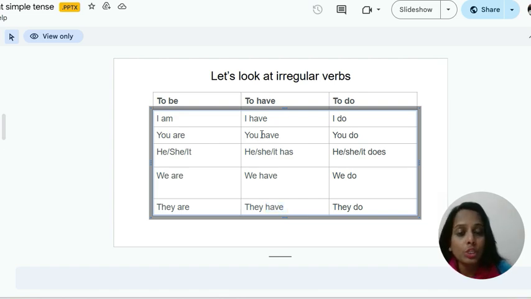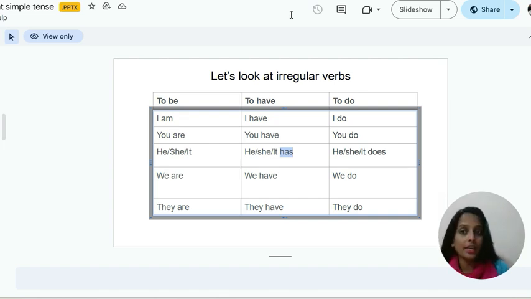And for you also it is have. Use have when speaking to one person or more. You have a dog. And for he, she, or it, it is has. So for he, she, or it, we use has when talking about one person or thing. He has a new phone.